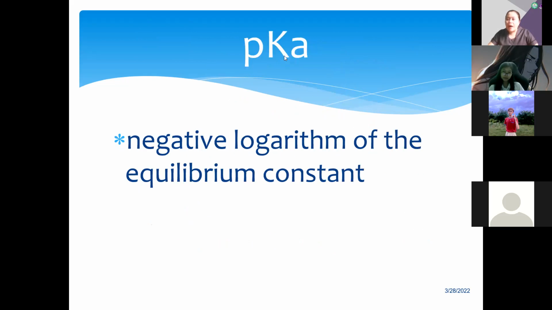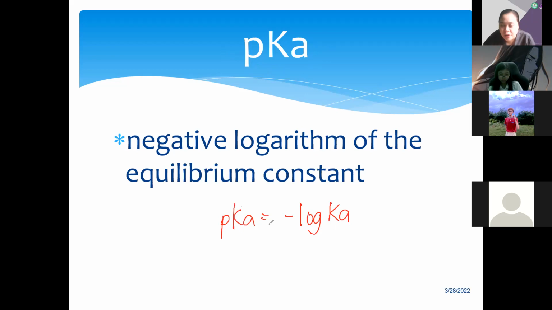Now, another one that we are computing for the pH or the acidity or basicity of the substance is the pKa. So this time naman, it's the power of the acid dissociation constant or the Ka. And yung formula nito, similar pa rin. Palitan lang natin. So pKa is the negative logarithm of the acid dissociation or equilibrium constant, which is called the Ka.